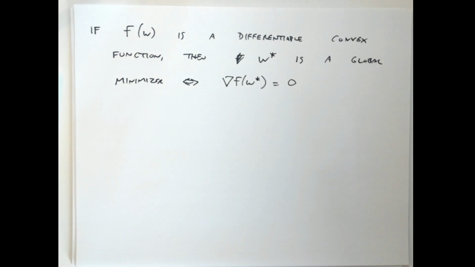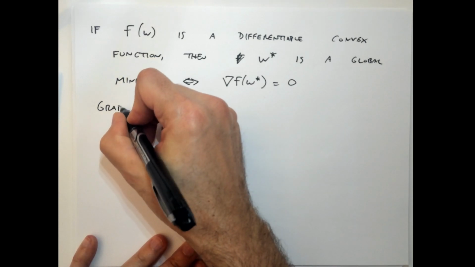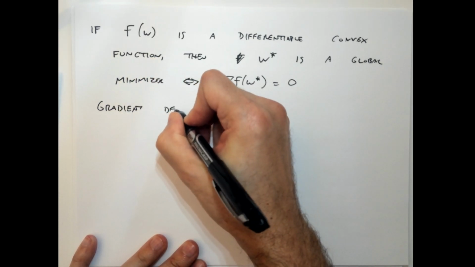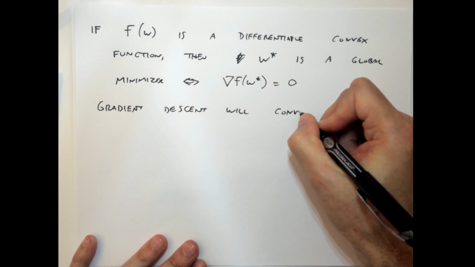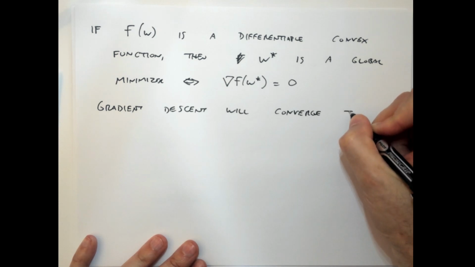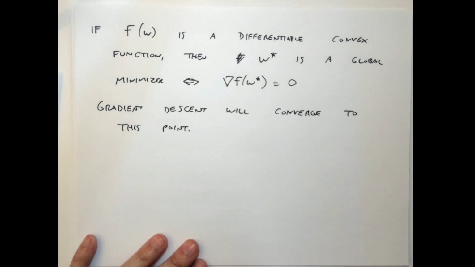There's only one place where that works, and it's at the minimizer, okay? Which is good because gradient descent will converge to this point, which is great.